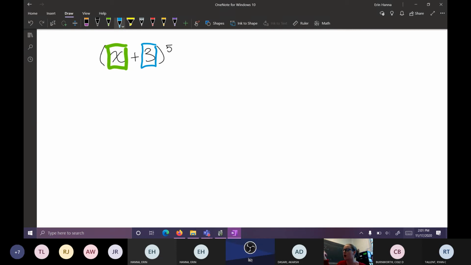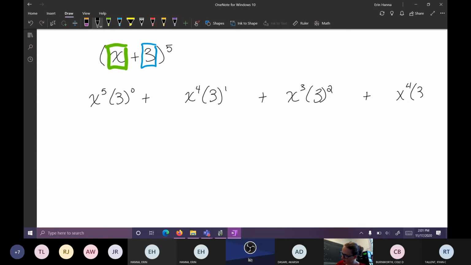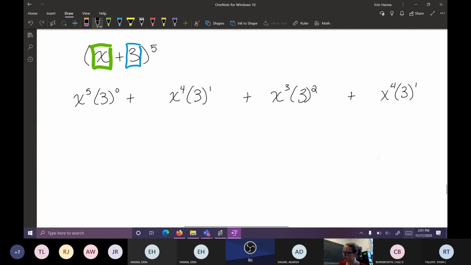And they're always going to pair up, and the pairs are always going to have powers that add to 5. So we're going to have a pair of, say, x to the 5th, 3 to the 0, and x to the 4th, 3 to the 1st, and x to the 3rd, 3 squared.